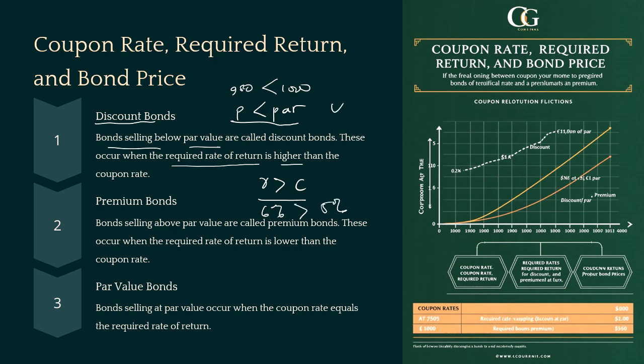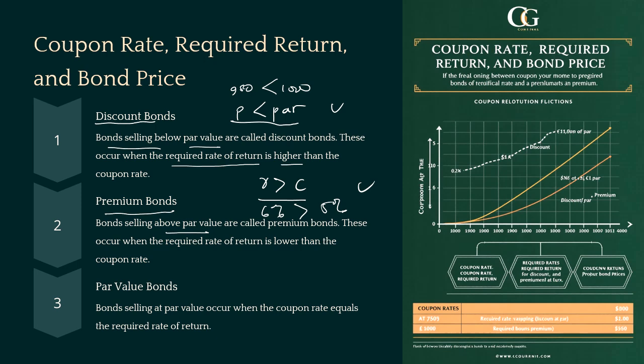So comparing these two only, we can already see that this is a discount bond without a heavy calculation, just like before.